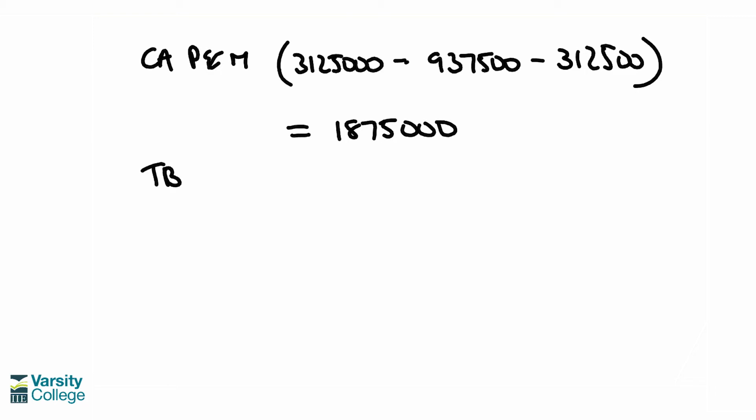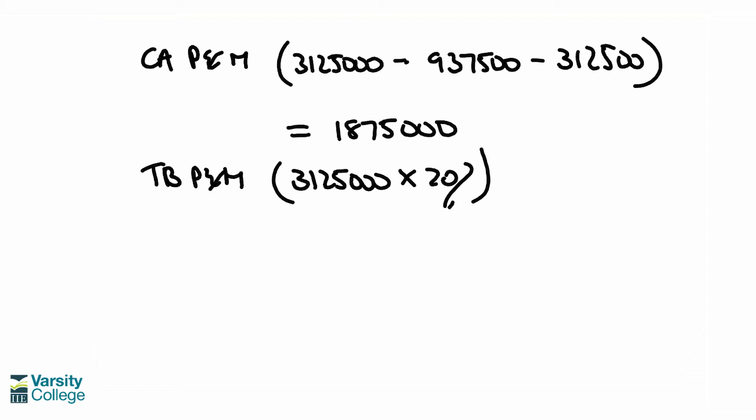And now you need to do exactly the same, but from a tax perspective. So tax base of plant and machinery, and we start with 3125 times 20%. I'm going to tell you why 20% now, and therefore it equals 625,000. Let's calculate the tax base of the plant and machinery. 3125 times 20%.